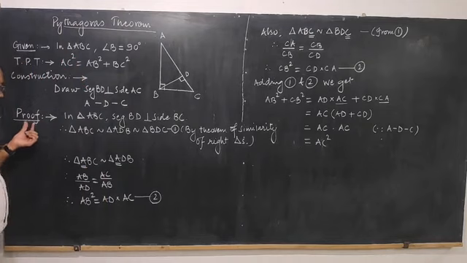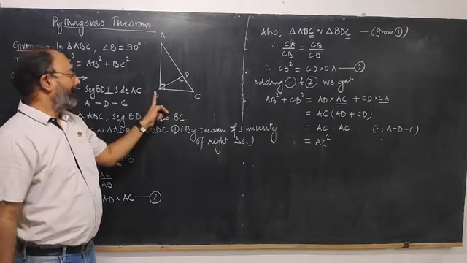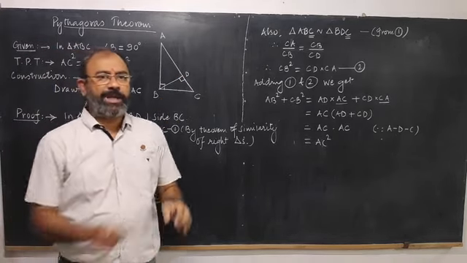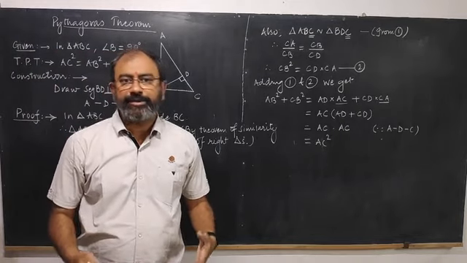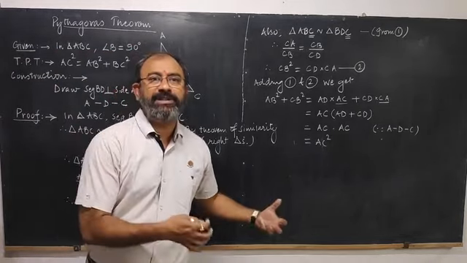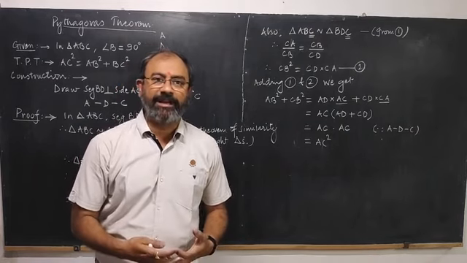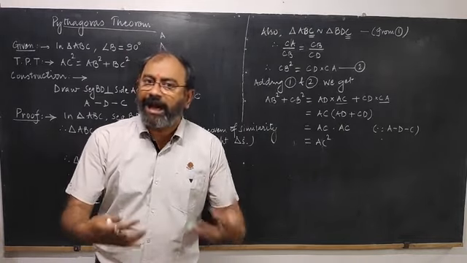Now let us begin the proof. In triangle ABC, BD is perpendicular to AC. As soon as we make this construction, the requirements to apply the previous theorem, the theorem of similarity in right triangles, are fulfilled.